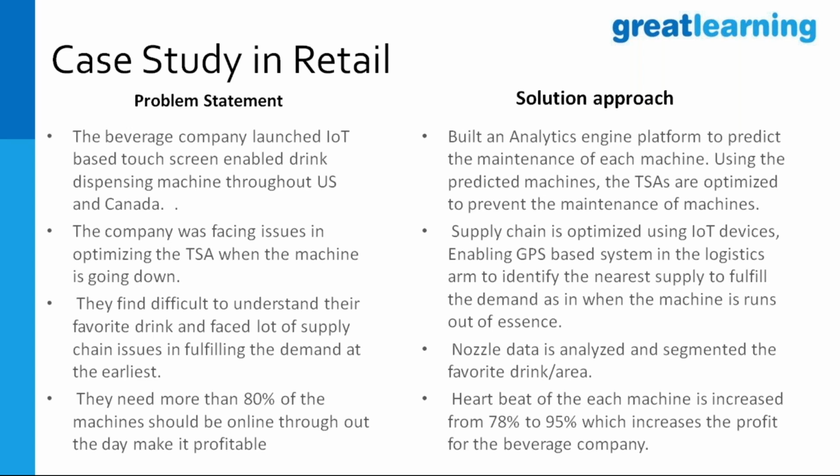The solution approach that we have is this: for about 4,000 to 5,000 touch panel machines, we prepared a big data lake for each of the segments, meaning we classified them into broad categories: east, west, north, and south. Then we built an analytics engine platform, a big analytics engine with which we are trying to predict the maintenance of each of the machines, right?